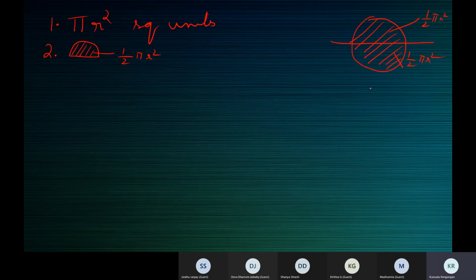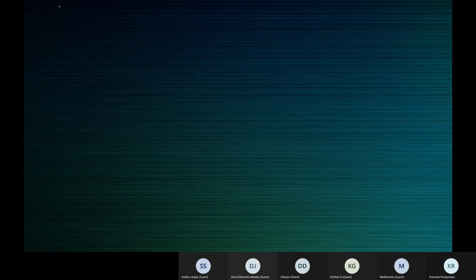Let me do it symbolically, children. See here. Area of this region is pi r square. Area of this region is half pi r square.